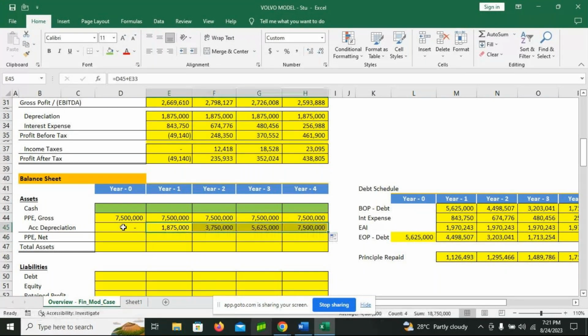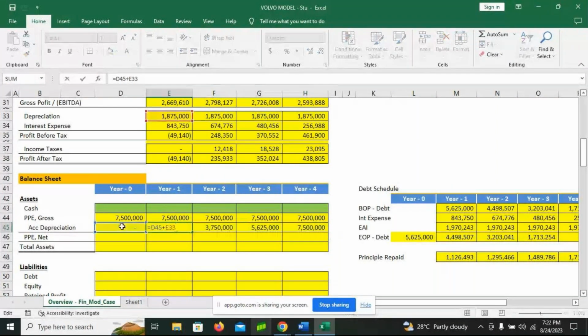At the beginning of the year, we don't calculate the depreciation, that will be at the 0 rate. So next year when I am coming, that will be calculated along with the depreciation value. So I have taken the previous year depreciation value along with the current year, and I have dragged it.